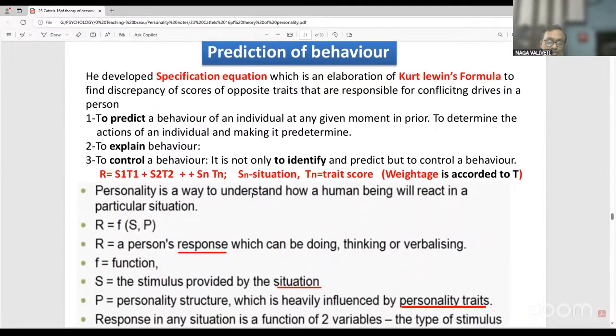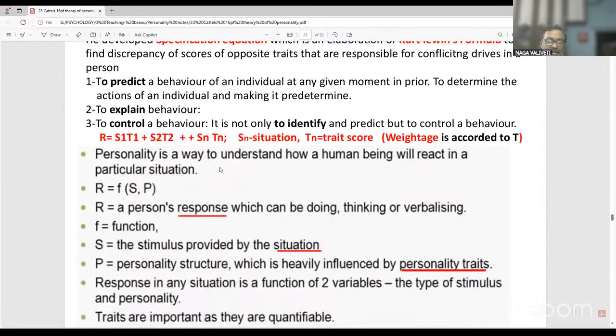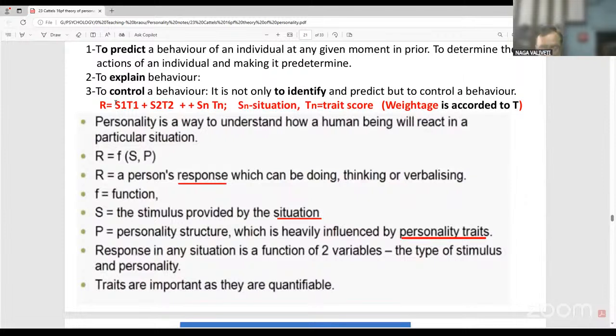Then he used a formula to predict behavior. Here you have the unified theory. We have behavior as a function of P and E. Here he says that responses are a function of S and T, where T is the trait or personal trait and S is the situation. The situation strength and the trait score will be there. In a situation, how your behavior will be exhibited in the current moment.